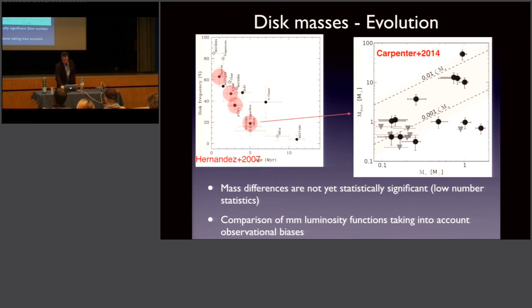Okay, so the conclusion so far is that it's not obvious that there is a significant evolution of the outer disk with age.